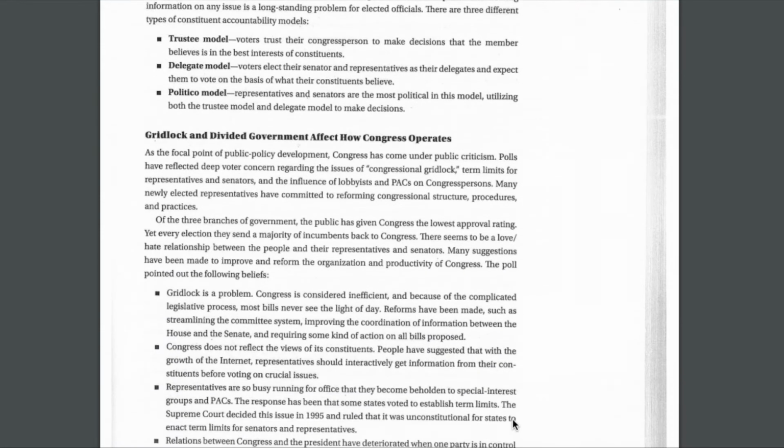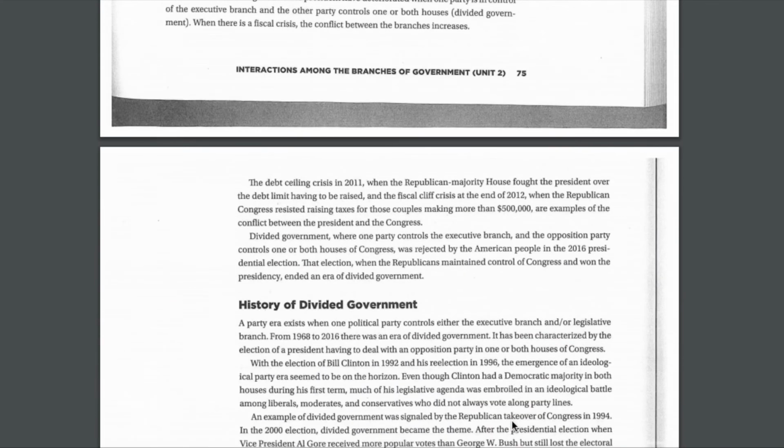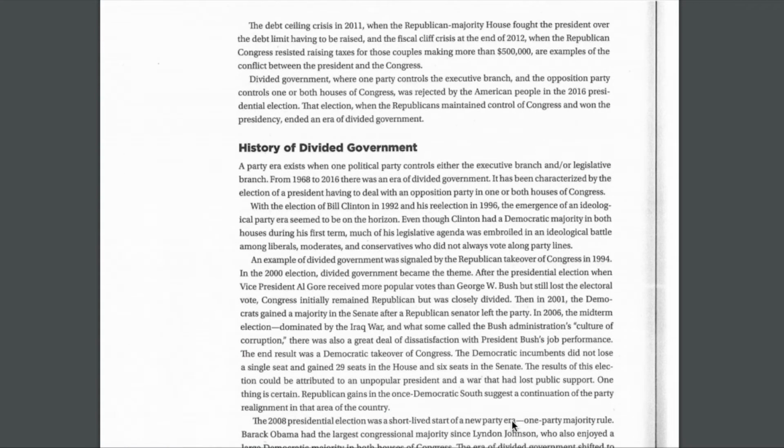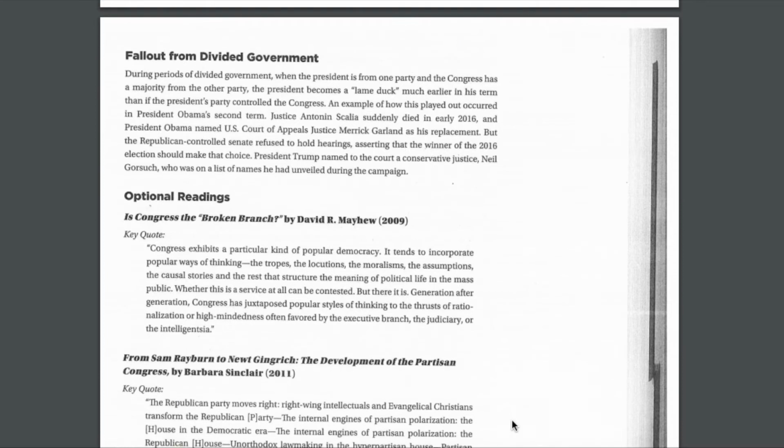Gridlock, maybe discuss concept application type stuff. Gridlock has occurred a lot over the last few years, and this has resulted in a maybe very inefficient Congress, the idea that they're not working together, not compromising, so things are not getting done. There's also the idea of a divided government, where a president is of one party and both houses may be controlled by the other party.